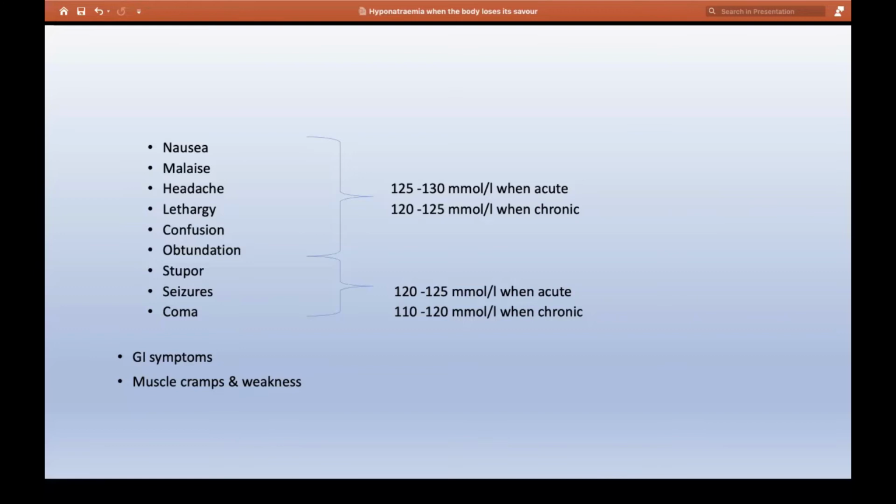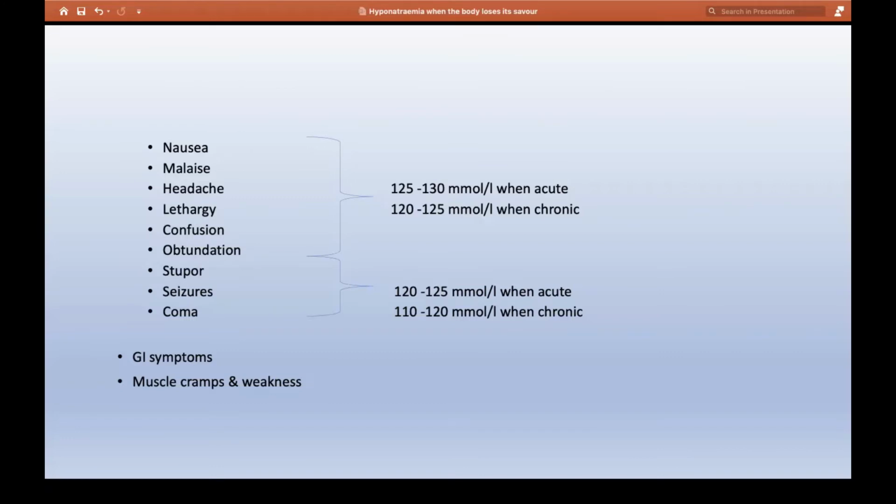Of course, in severe stages, you could get stupor, where there is complete confusion and poor engagement. There can be seizures developing, and if unfortunate, it can lead to coma. This happens when the sodium rapidly drops over 48 hours to 100 up to about 120, 125 without any adaptation, or even in a chronic stage at 110 to 120.